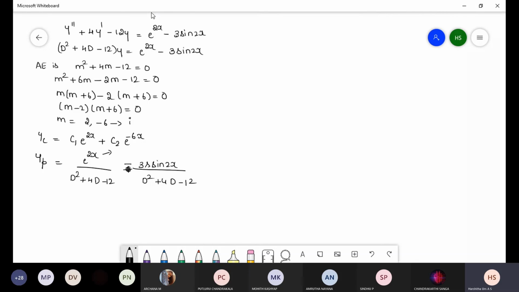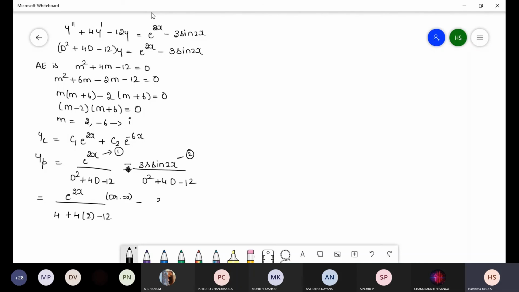This is the type 1 and this is the type 2. So for type 1 we have to replace d by a. So e power 2x, our a value is 2. So 4 plus 4 into 2 minus 12. So here 4 plus 8, 12. 12 minus 12, 0. So denominator it comes 0.